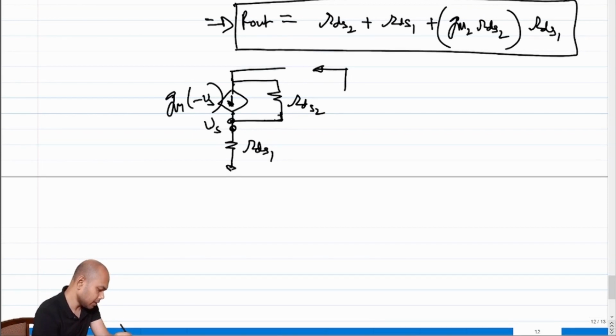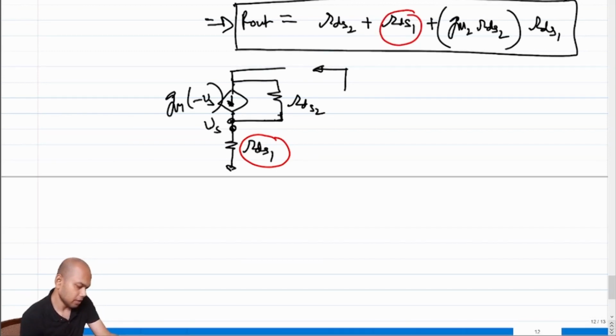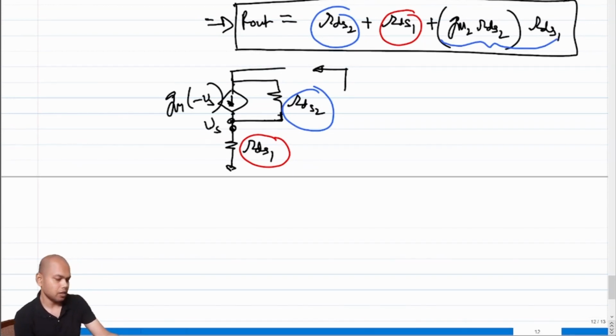So let's see whether this makes sense. If I am trying to figure out the resistance from the top, it's natural to expect that a term of RDS1 should appear, that is here, and a term of RDS2 should appear, that is here, right? But we have an additional term of GM2 times RDS2 times RDS1. Which among these three terms do you think will dominate?